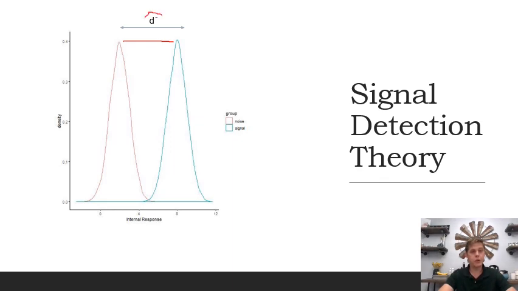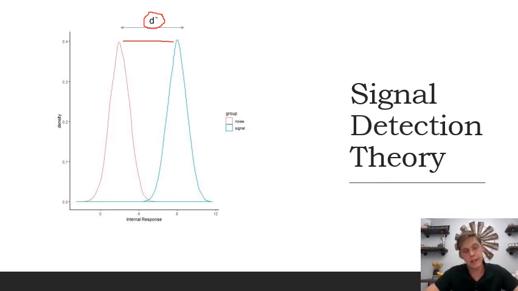There's a way that you can calculate this mathematically by taking the performance of your dog on a detection task. Usually it would be a go, no-go task, which is what we would typically do. Sniff this container, is there something here or not?